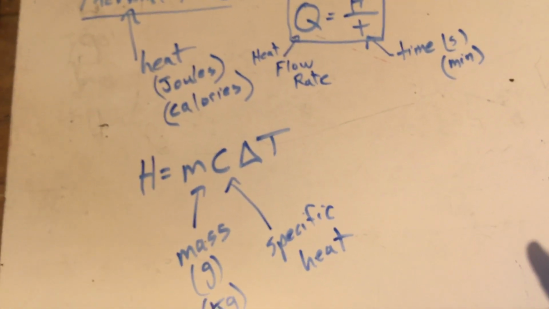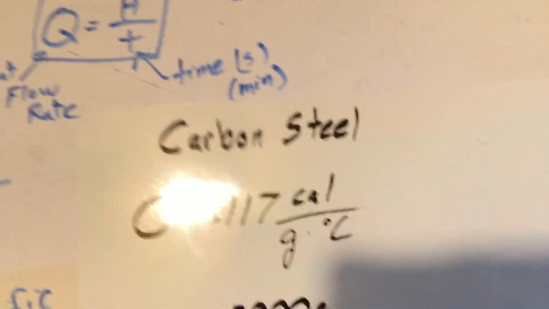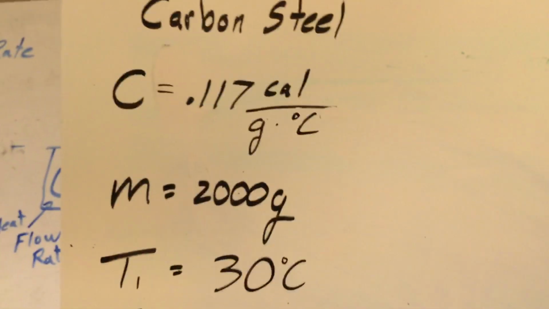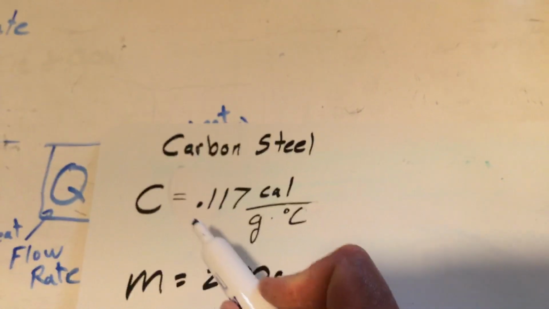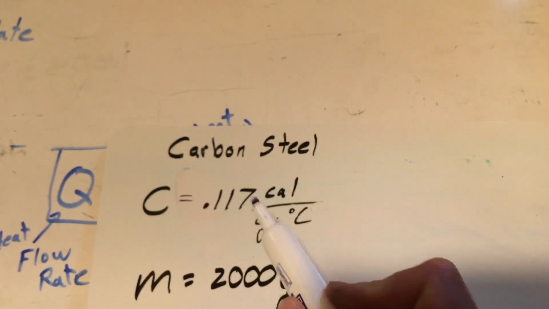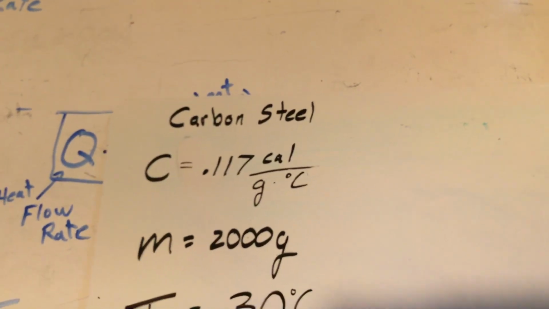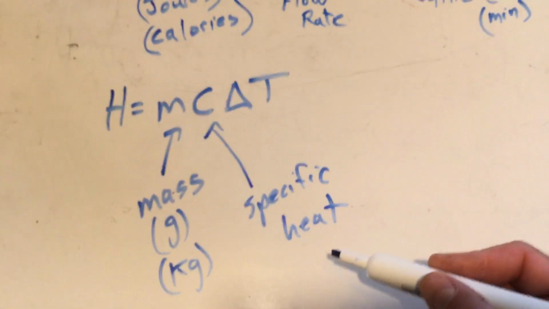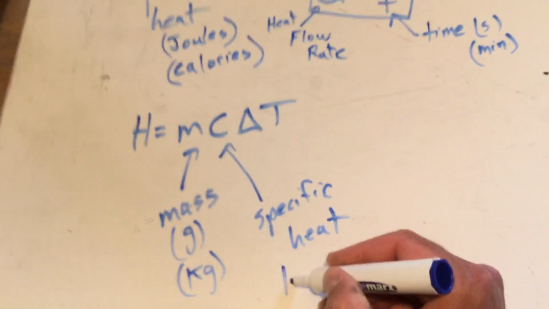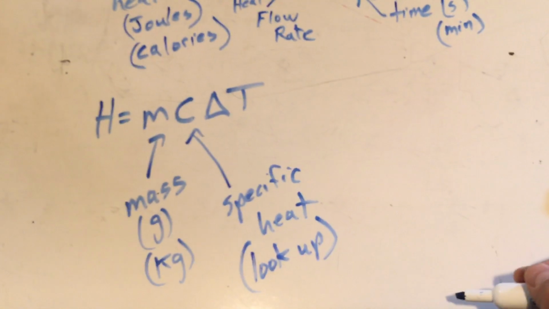So there are all different numbers, and you can look them up online. For instance, in a moment I'm going to do an example about carbon steel. And carbon steel has a C value, you can see right there, of 0.117 calories per gram degree Celsius. All right, we'll come back to that. But what I'm saying is the specific heat you can just look up, or you're given this one.